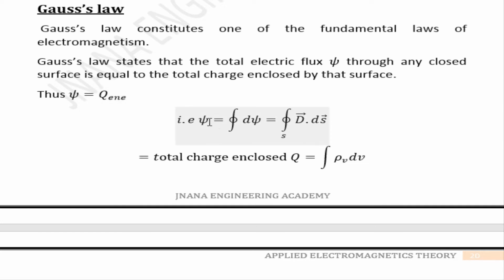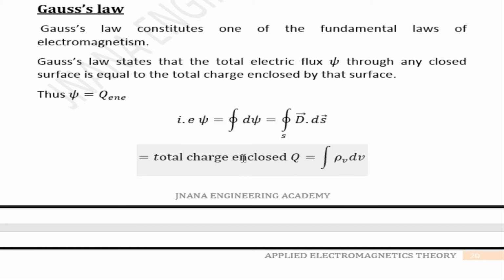Now see, psi, which we can write as closed integral over d psi, which is equal to closed integral over the surface D dot dS. What is D? It is the electric flux density. So we can write psi, that is the electric flux, is equal to closed integral over S D dot dS.